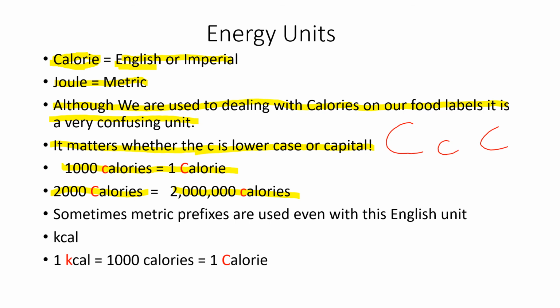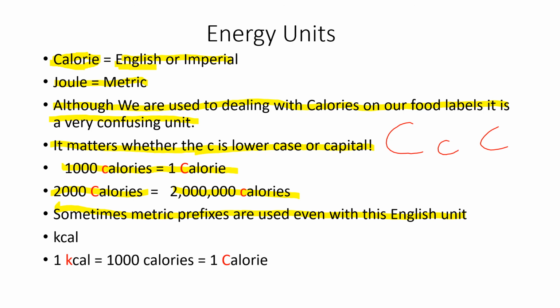But that's one of those things that makes calories kind of a strange unit. So this was recognized that this is kind of strange. The capitalization matters. Sometimes they'll even mix metric prefixes in with English units. Usually we don't mix metric prefixes with English units, but in this case you will sometimes see that.